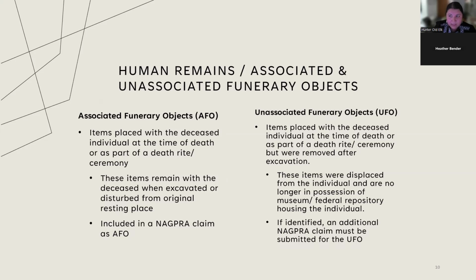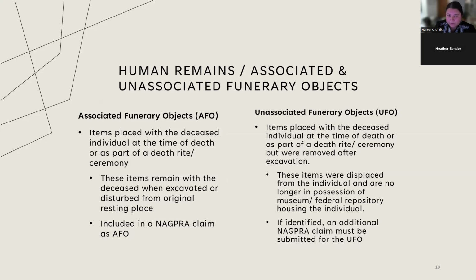Some objects would go with the ancestor in its next resting place, either at a cultural institution, or the individual would go to one institution and then their funerary objects would go to another institution. Well, under NAGPRA, that is how they define unassociated funerary objects. And so when we make this distinction, we have to understand that an associated funerary object was those items placed with the individual at the time of death and remained with the individual during excavation.